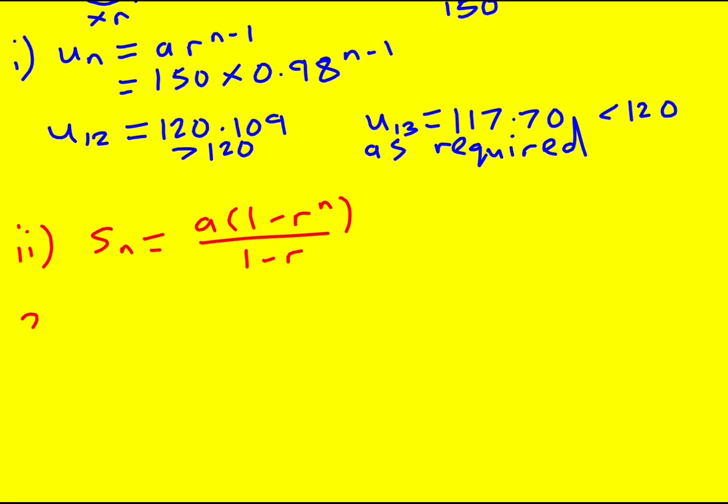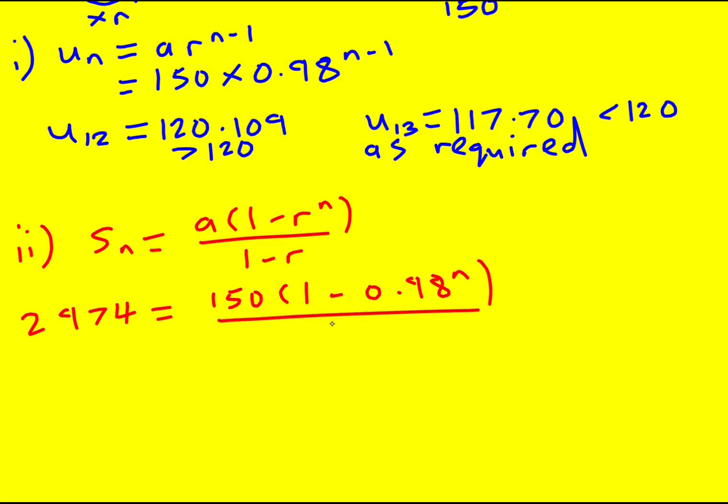So for us, we can write 2974 equals, and then our a is 150, and 1 minus our r is 0.98. Okay, and I've created an equation. It's actually an exponential equation because n is a power.